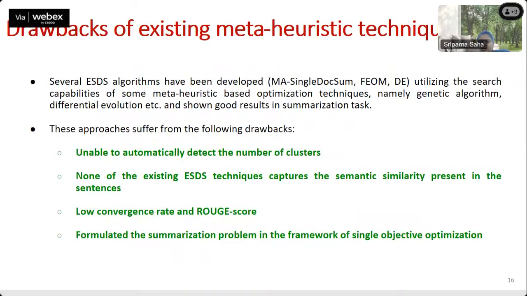There are many meta-heuristic optimization based summarization techniques; people have used genetic algorithm and differential evolution for solving summarization problems, and they have mostly used only one objective function for the clustering problem. So these approaches suffer from the following drawback. They are not able to identify the appropriate number of clusters, because the summarization problem can be solved in two phases.